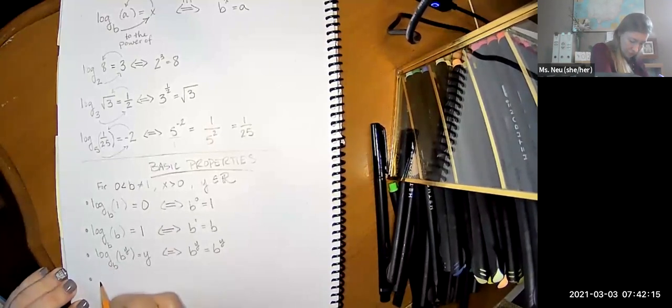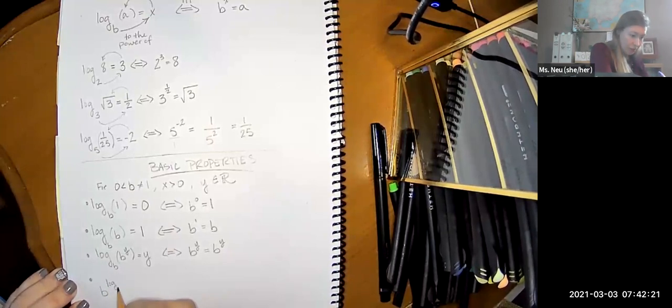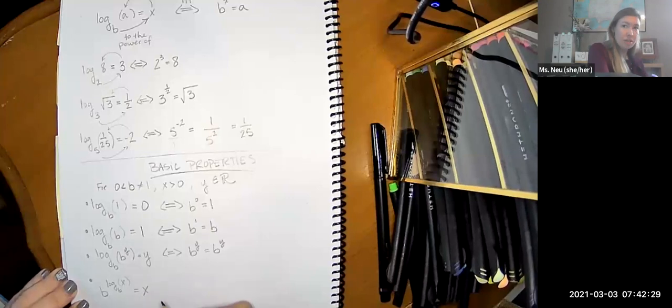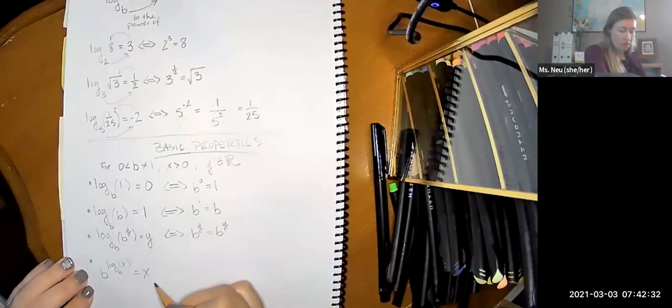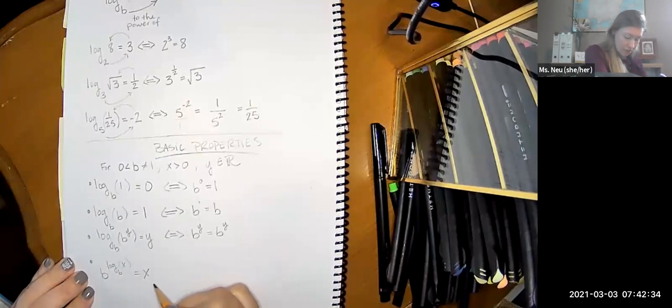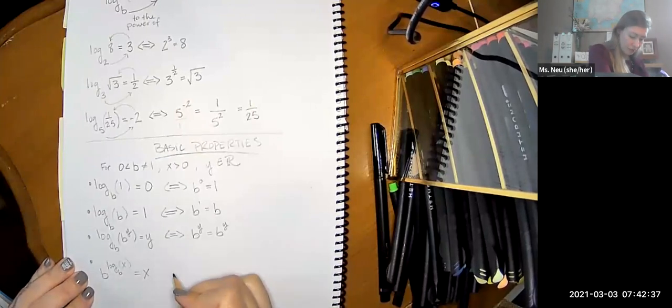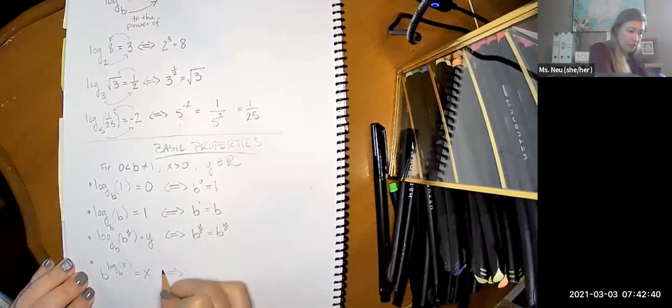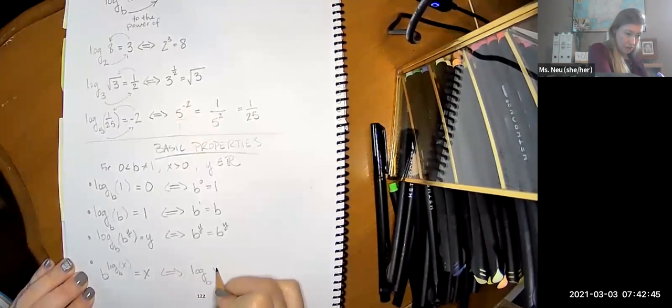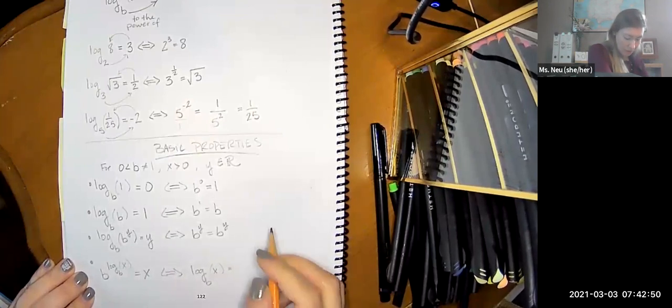And finally, b to the power of log base b of x equals just x. And this one is a little crazy. Oh, it's starting to get hard for you to see. This one is a little crazy to rewrite, but here's the rewrite on it. This is because log base b of x equals log base b of x.